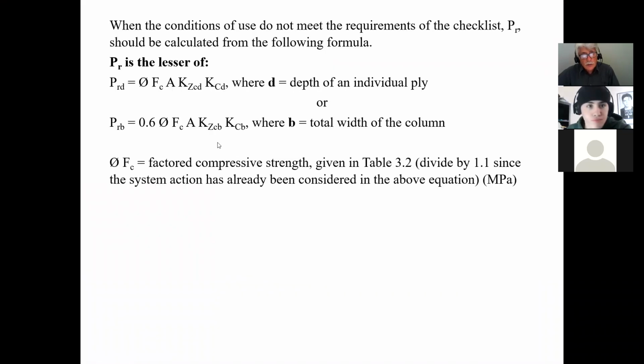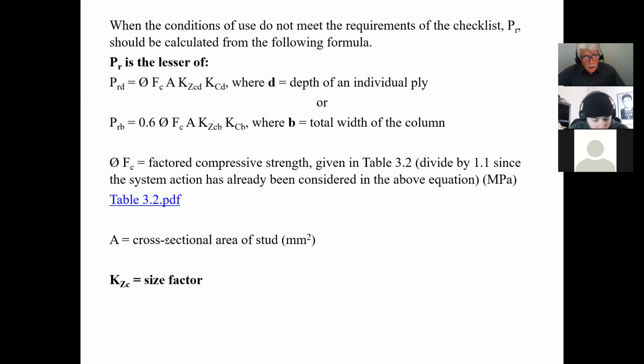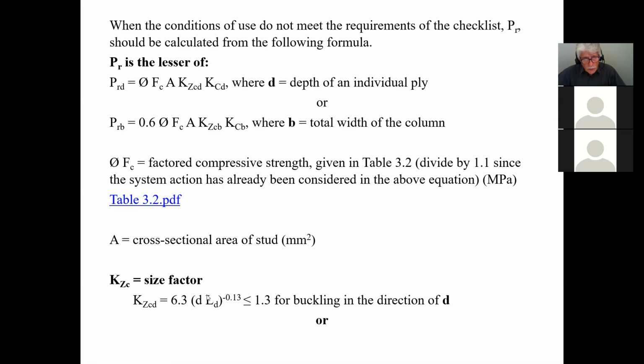Keep in mind the width of the column. The thing about the built-up columns is that when it's the B that governs, you lose quite a bit of the resistance because it's fastened together. A is the cross-sectional area of the column, the size factor, and B is the B of the column, not of the stud.